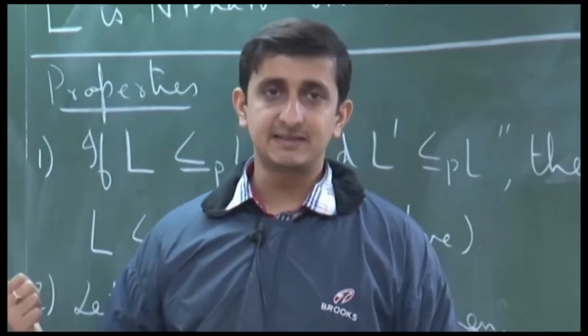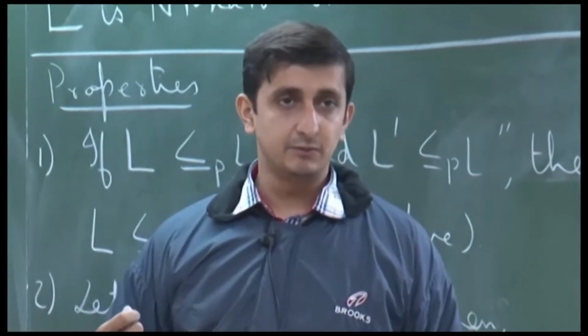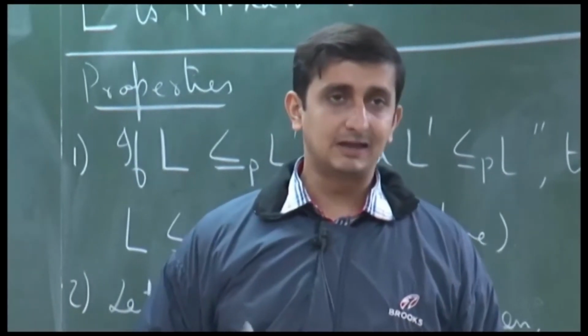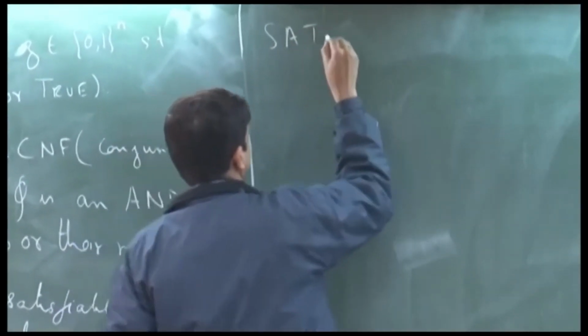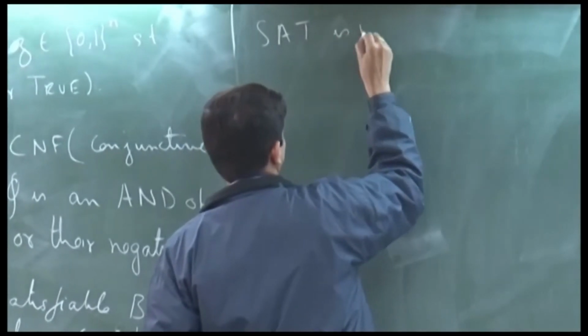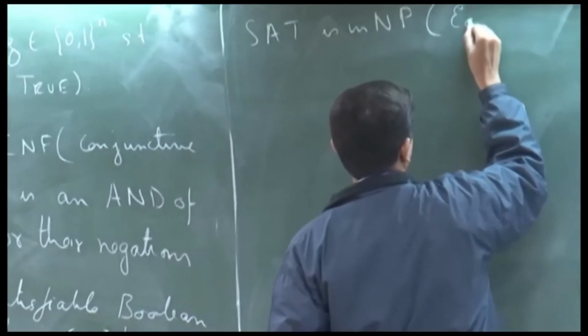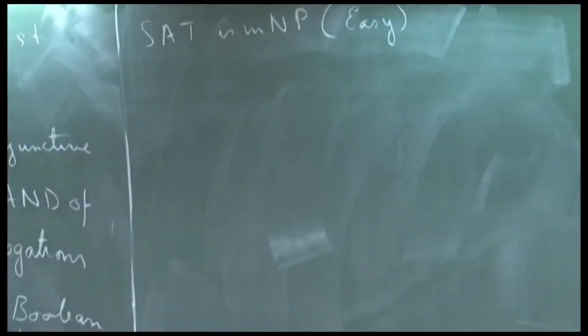And if phi is satisfiable, then we know that such a certificate exists, which would evaluate phi to true, otherwise not. So, SAT is in NP. This is easy to see.